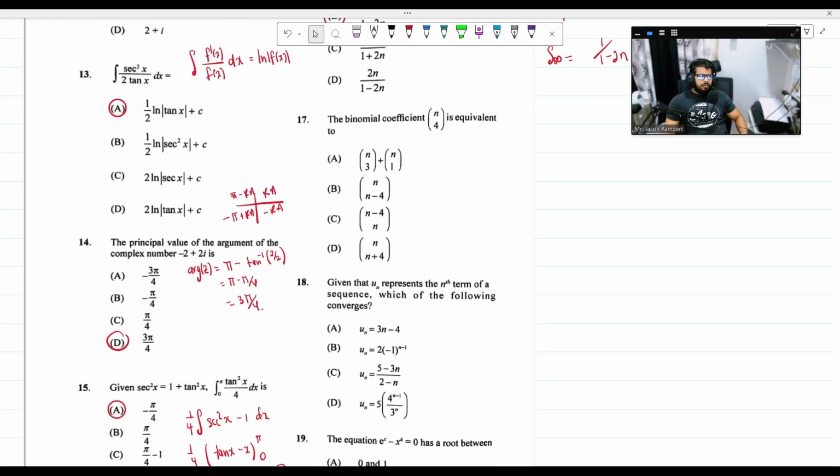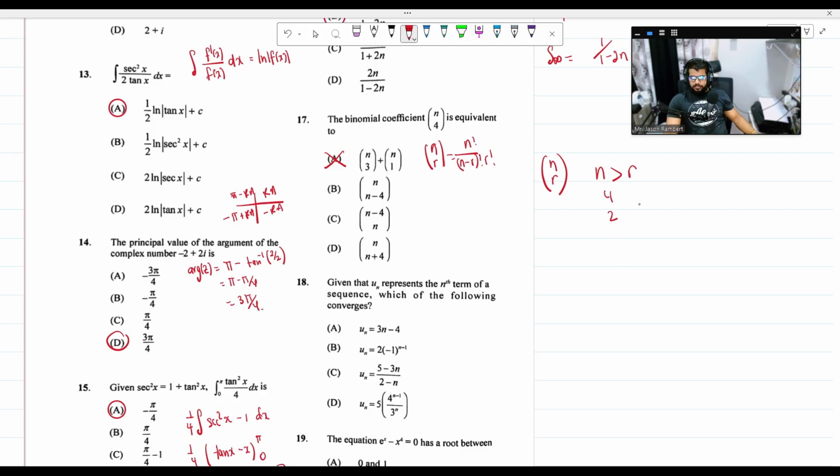Good. The binomial coefficient NC4 is equivalent to, I know it can be the first one for sure, right? Take a look at this. We know that NCR is n factorial over n minus r factorial by r factorial. If you want, we could go through this, but watch this. If I have NCR, n has to be greater than r.